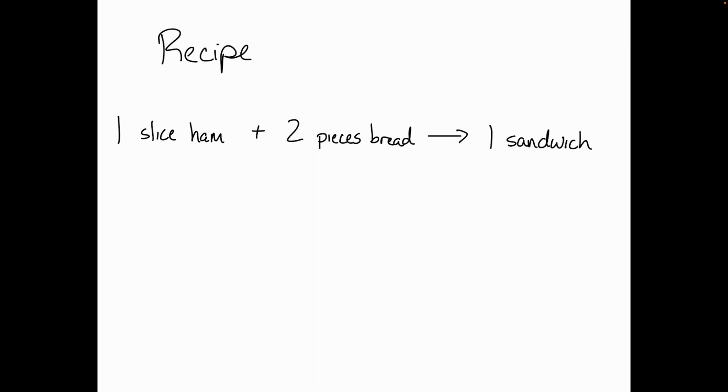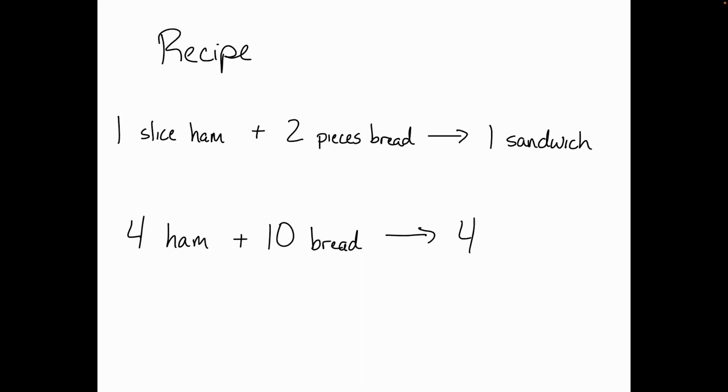All right, so if I have 4 slices of ham and 10 pieces of bread, how many sandwiches can I make? 4 slices of ham and 10 slices of bread. How many sandwiches am I going to get out of this combination? 4.